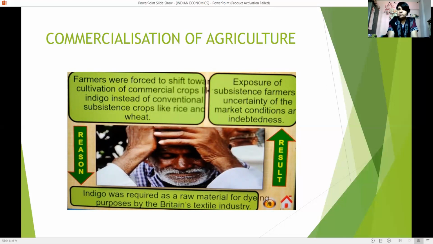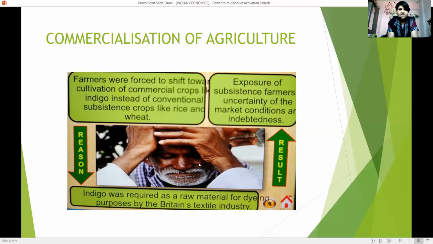Why did they force the farmers to grow indigo? Because indigo was useful for the dyeing of clothes. And as I said before, the raw materials which they were taking from India, the cotton and indigo, they were using for their homemade products, for the manufacturing of their cotton goods or cloth, and finished goods were brought back to India just to resell.